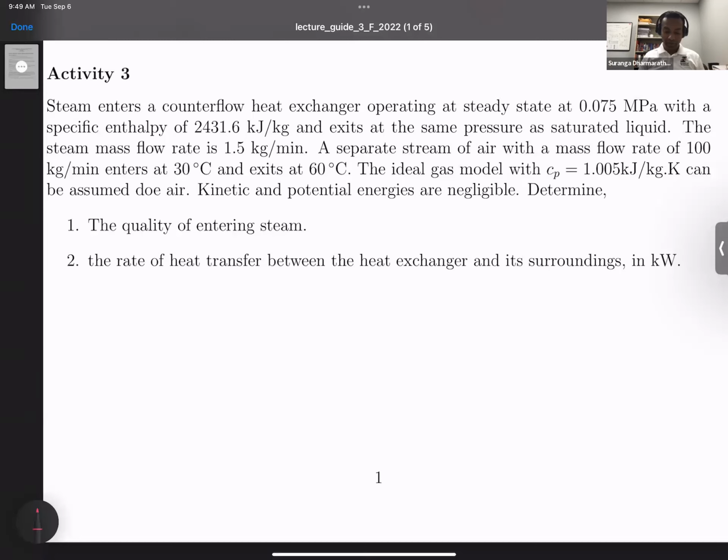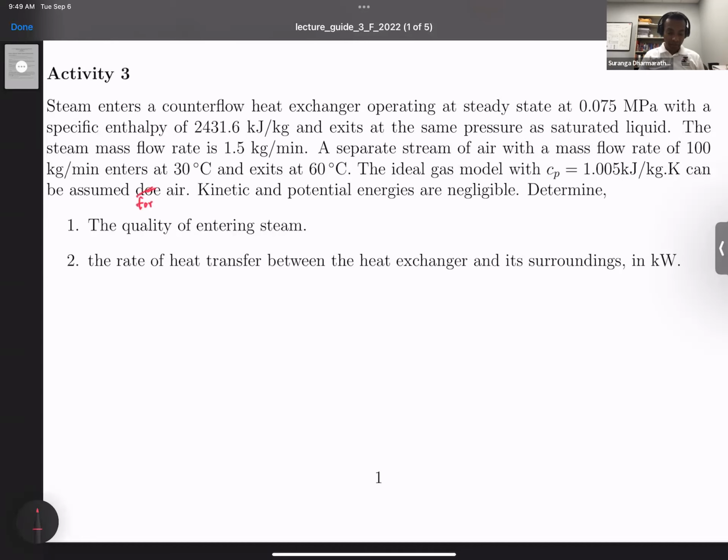A separate stream of air with a mass flow rate of 100 kilograms per minute enters at 30 degrees Celsius and exits at 60 degrees Celsius. The ideal gas model with Cp equals 1.005 kilojoules per kilogram Kelvin can be assumed for air.